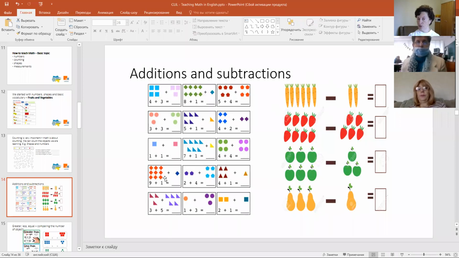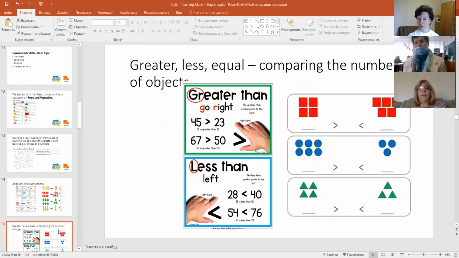They count the objects, and that is how they are able to practice basic vocabulary. Because in the 1st and 2nd grades, usually the vocabulary is simple, you just name the things. And using such worksheets and such a way of teaching, it is easy to remember the simple vocabulary.